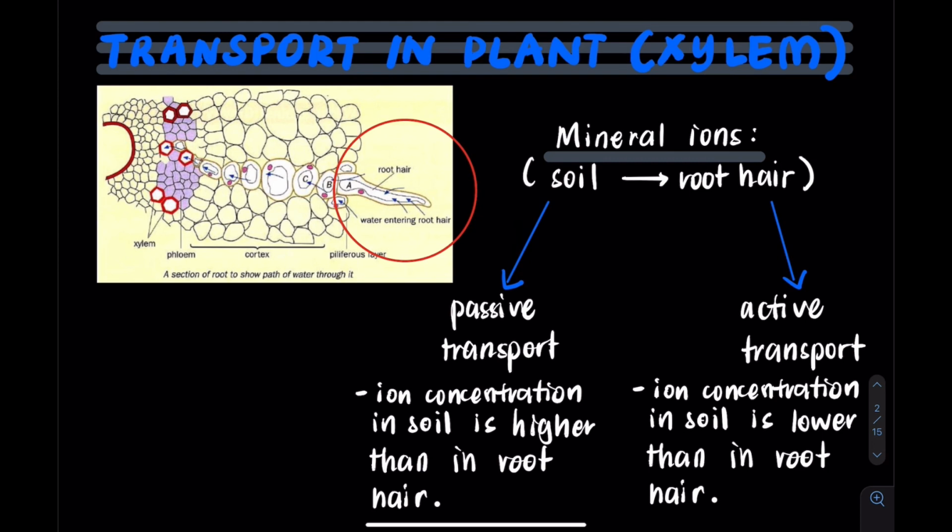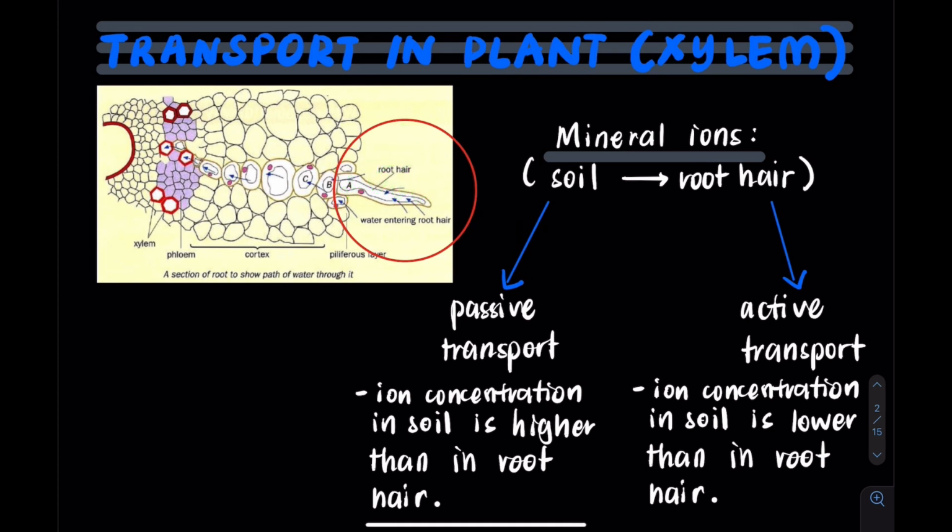Mineral ions from the soil will enter the root hair, either by passive or active transport, depending on the concentration of mineral ions in the soil. If the concentration of ions in the soil is higher compared to the root hair, mineral ions will enter the root hair by passive transport.